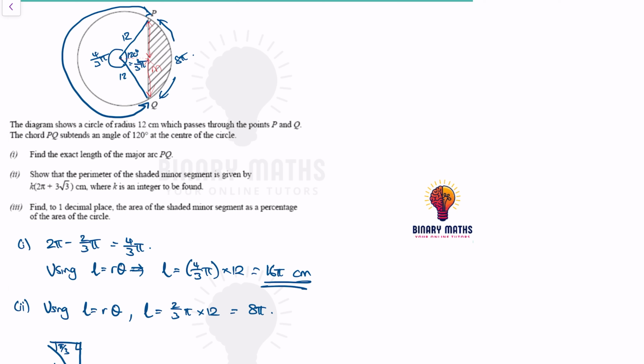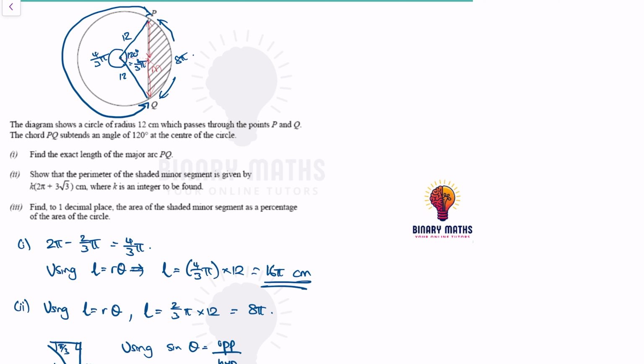I know the radius is 12, so this is 12, and let's call this M. So using sine theta is equal to opposite over hypotenuse, I get sine of pi over 3 is equal to M over hypotenuse, which is 12. So M is equal to 12 sine pi over 3, which if you put into your calculator, you get 6 root 3.